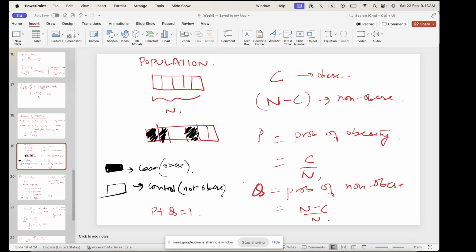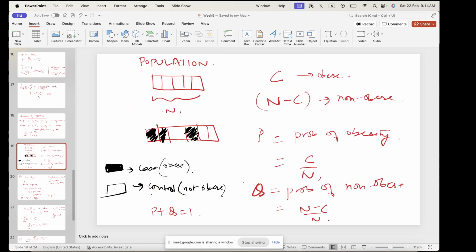All right. So yes, if I was talking about estimation of population proportion, suppose I have capital N number of population units, among which the black boxes are actually cases, people who are obese, and the white ones I call controls because they are not obese.